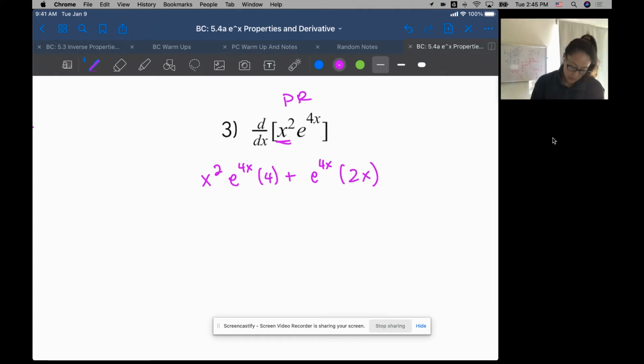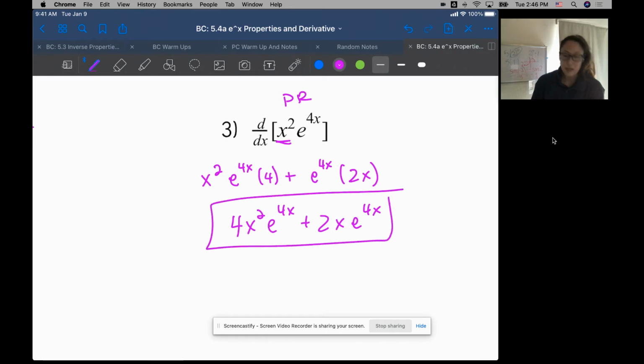And I just, again, write it in a little bit nicer form. I get 4x squared e to the 4x plus 2x e to the 4x. I guess technically you could factor out an e to the 4x, but I'm going to stop there.